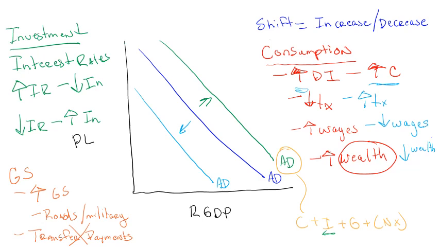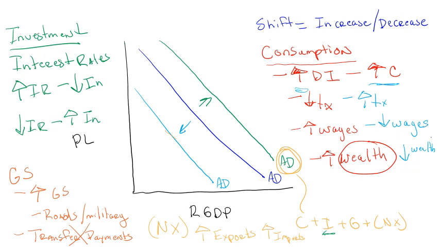Now, let's take a look at our exports and our imports. So, our net exports, any increase in exports will have a positive shift of the aggregate demand curve, and any increase in imports will have a negative impact on aggregate demand.